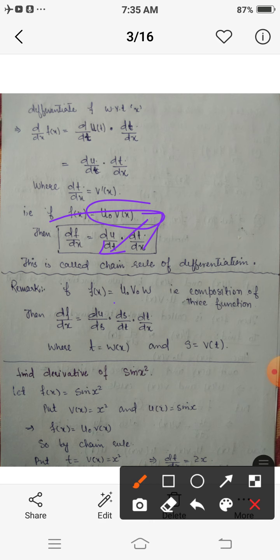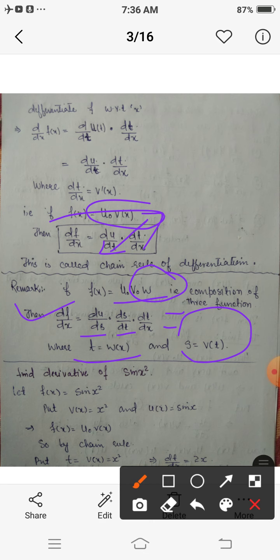Now if we consider the function u of v of w, then df by dx is simply, here we have three functions, so we are going to use two dependent variables, that is du by ds, ds by dt, and dt by dx, where t equals w of x and s equals v of t. This is called the chain rule of differentiation.